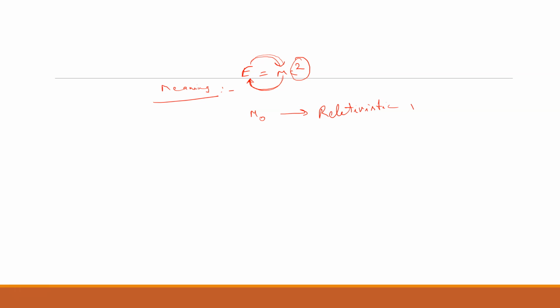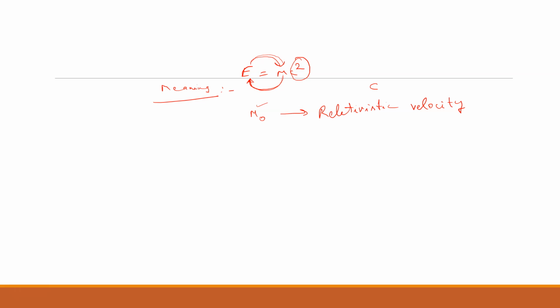Now what is the meaning of relativistic velocity? I have discussed it in previous lectures. Please see the playlist of the relativity. Relativistic velocity means that the velocity of this object will be comparable to the speed of light c.